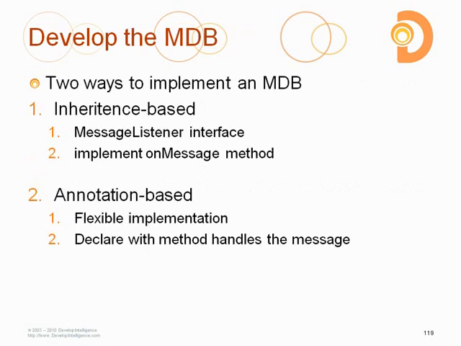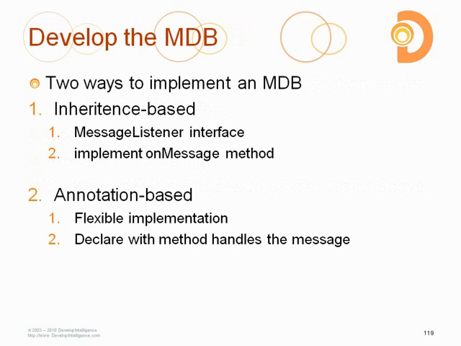When I go to physically implement the EJB that represents the message-driven bean, there are two different structures. One structure is that I blend the EJB2 model with the EJB3 model, where I use annotations and a compile time dependency on an interface. That's the inheritance-based structure.